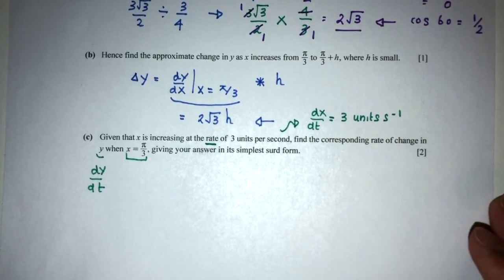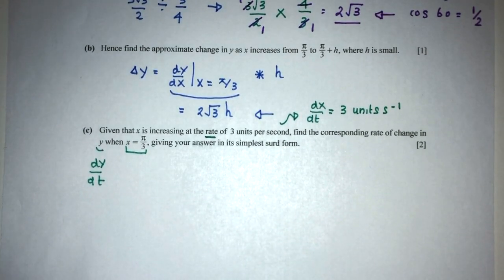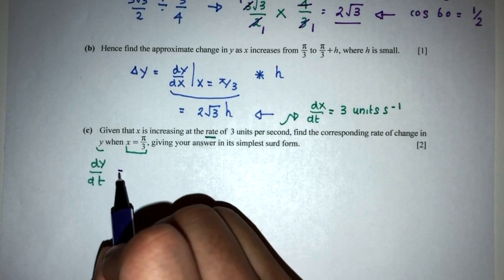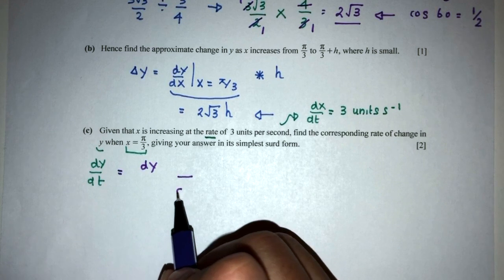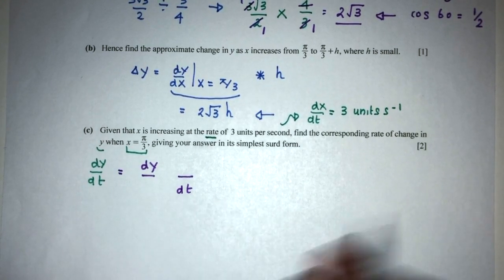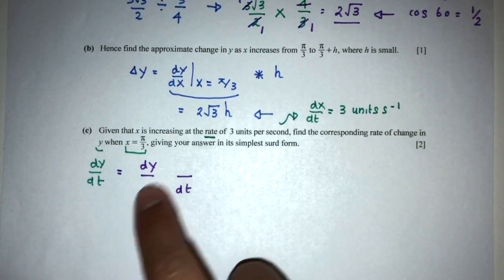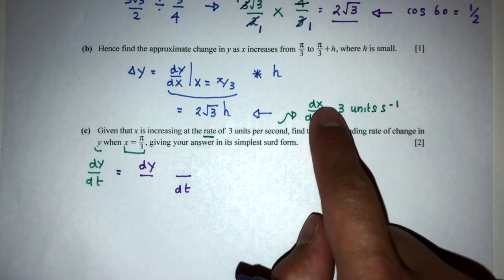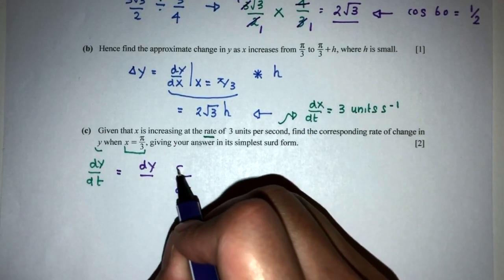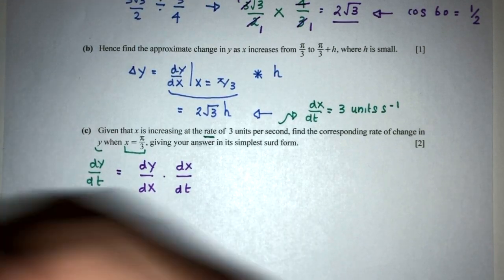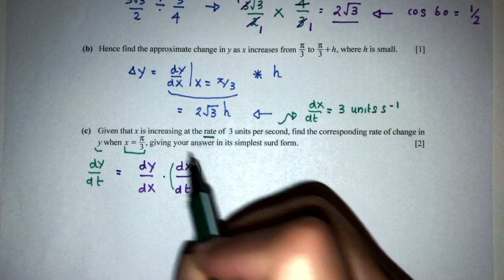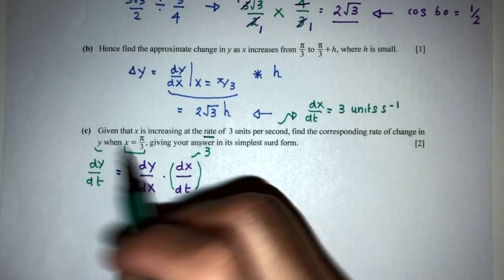So pretty easy. First, let's form an equation. dy by dt can be what? So on top we have dy, as you can see here, and on the base we have dt. So that's the first step. Now, by what are they connected? If you observe, we have dx by dt, so we can just put dx here and dx here. Now for this value we know already, that should be 3. How about this one?